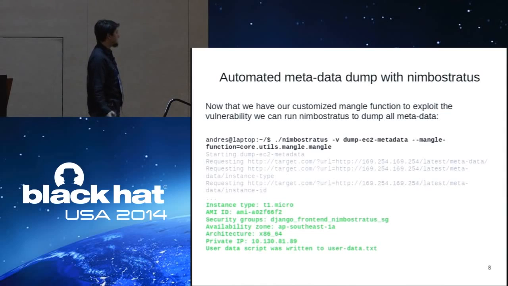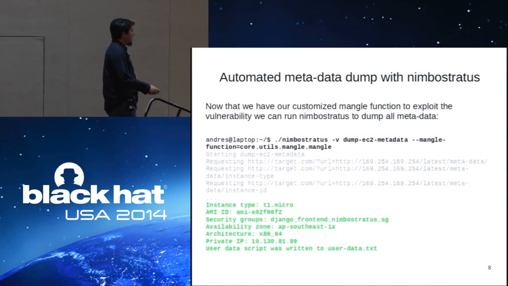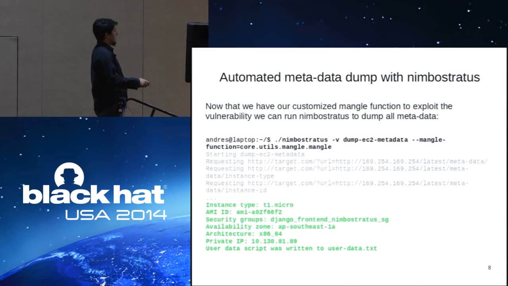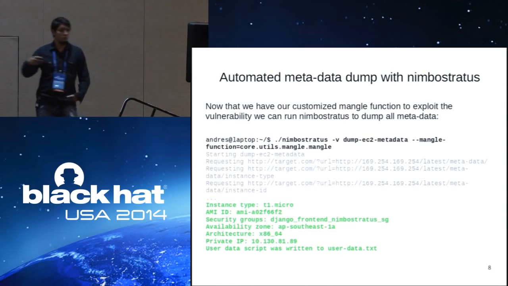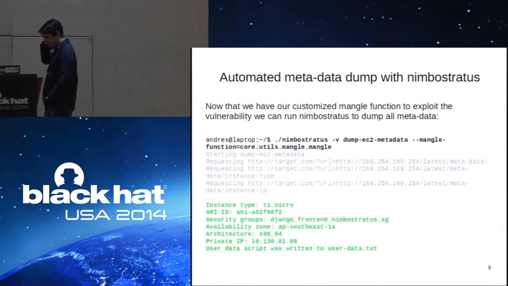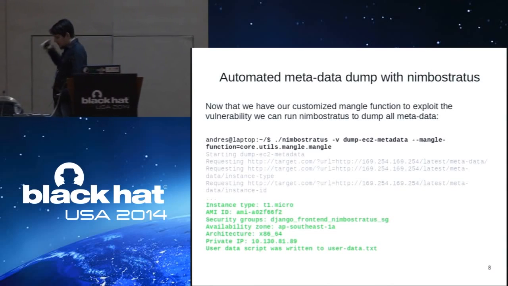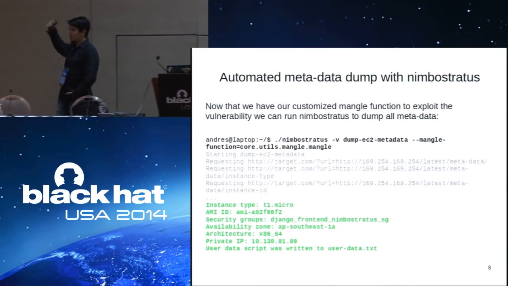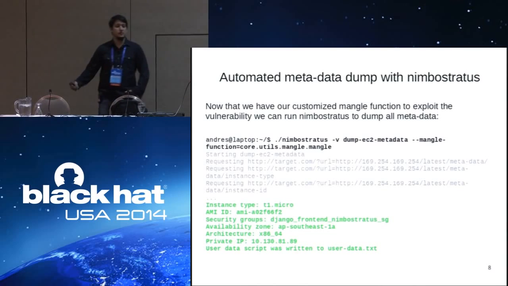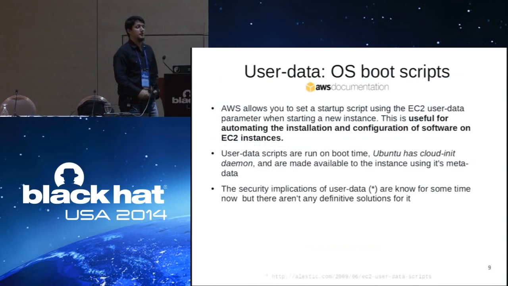In this case, nothing really interesting, other than knowing that there is a security group, which is a kind of firewall in Amazon clouds, and something else that says user data script was reading to user data. All right. So this simple tool was able to dump all the information from that remote instance metadata.